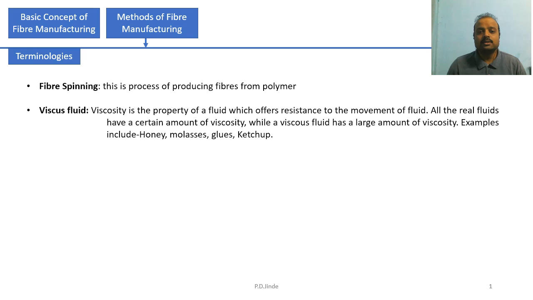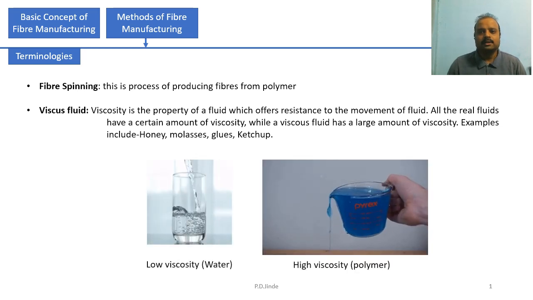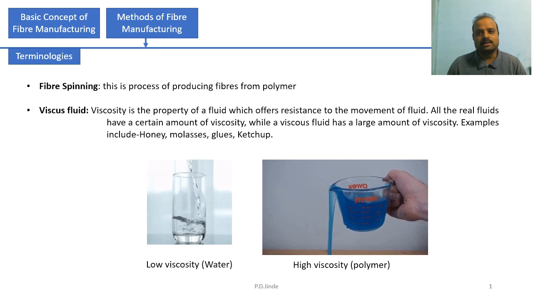Examples of higher viscosity substances are honey, molasses, glue and ketchup. These are examples of highly viscous fluids. In our example, water is less viscous, whereas polymer is a highly viscous liquid.